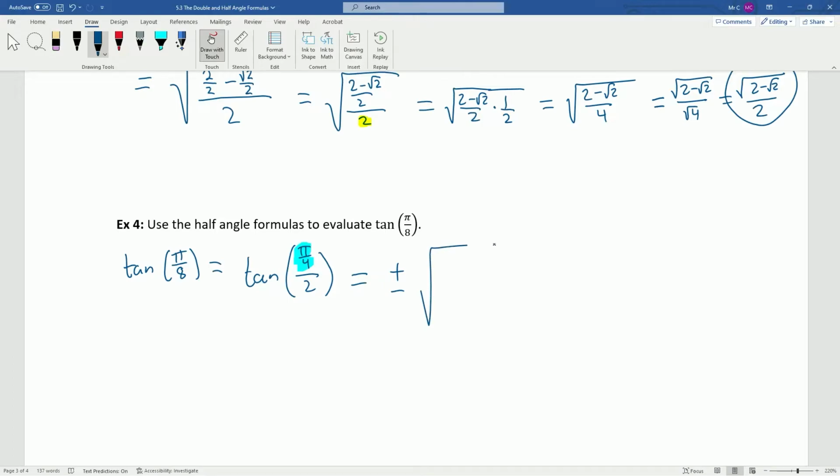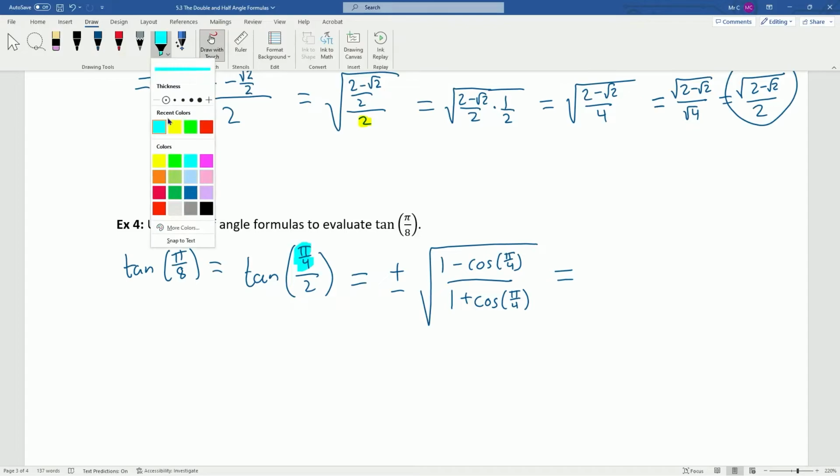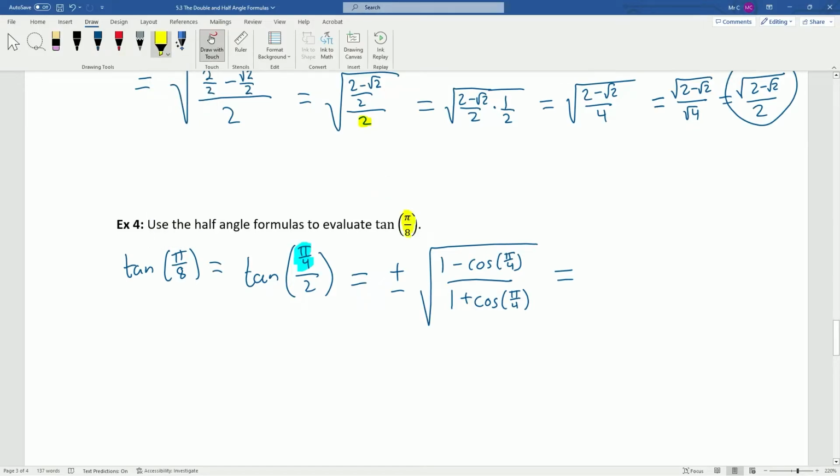So this is plus or minus the square root of 1 minus cosine of theta divided by 1 plus cosine of theta. And again, we look at the angle inside the function, the original angle, to determine if it's positive or negative. Pi over 8 is in the first quadrant, so this is positive.